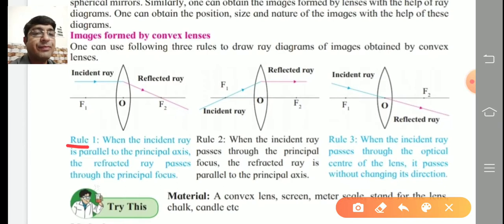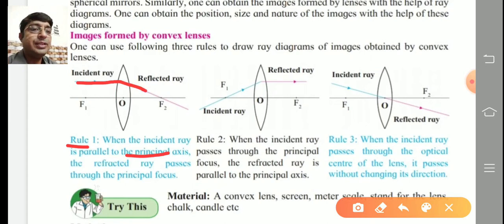Rule number 1: when the incident ray is parallel to the principal axis, what happens after refraction? When the incident ray is parallel to the principal axis, the refracted ray passes through the principal focus. Check the first figure.